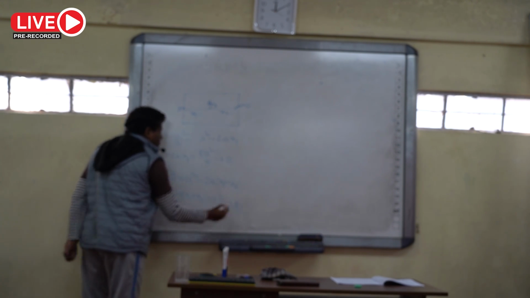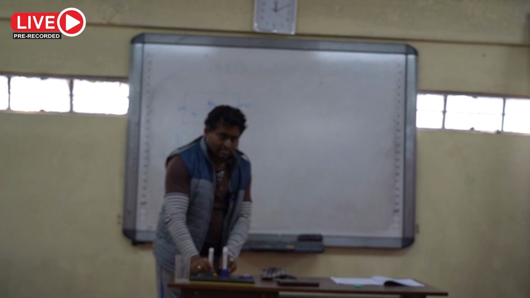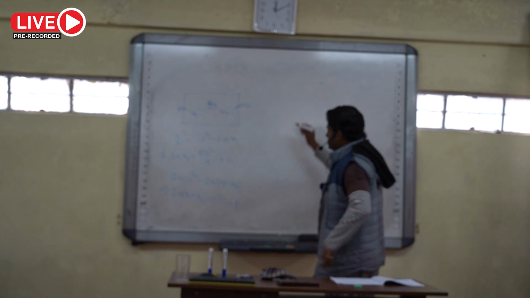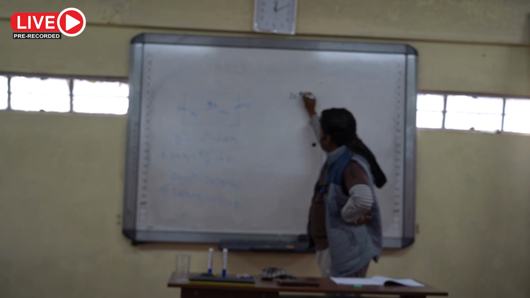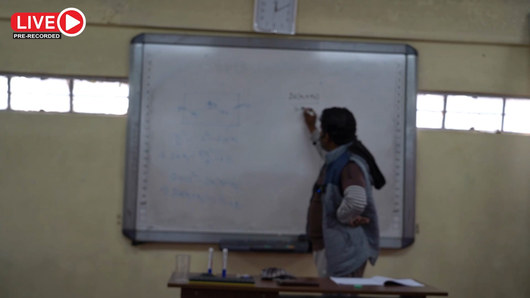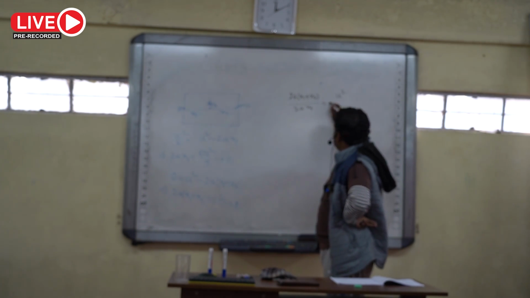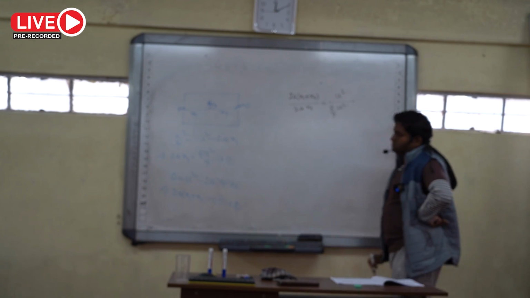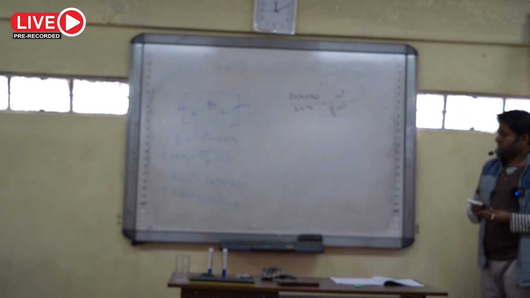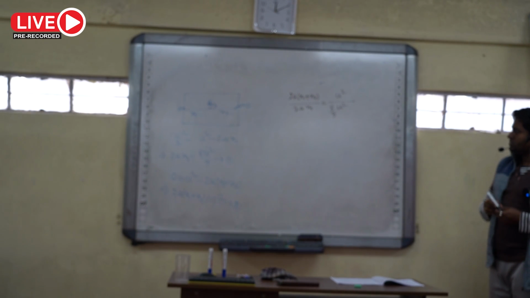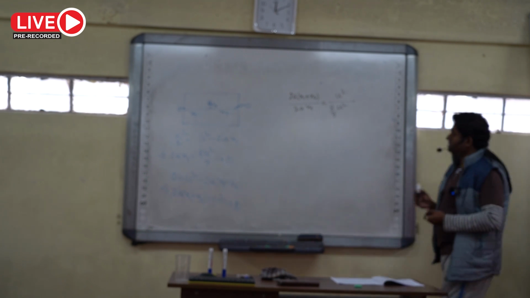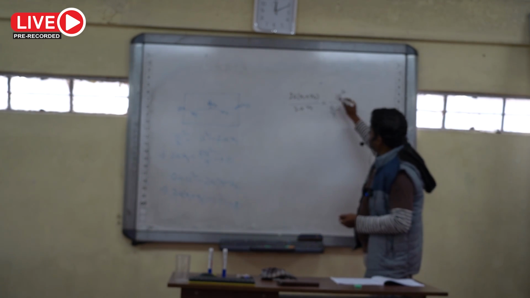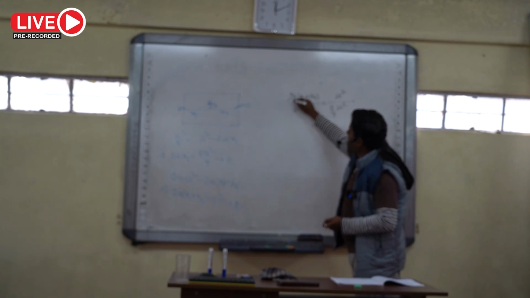Equation 2. Now I want to divide these two equations. So 2a (x1 plus x2) divided by 2a x1 is u square divided by 8 u square by 9. I divide the second equation by the first equation. U square cancels, 2a cancels.